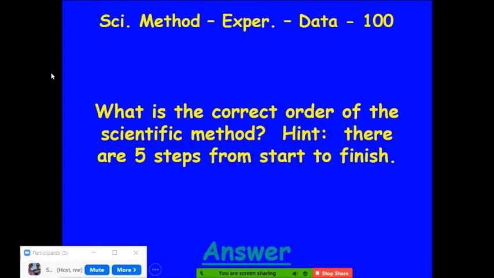What is the correct order of the scientific method? Hint, there are 5 steps from start to finish.